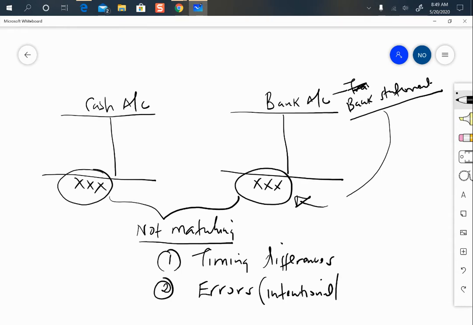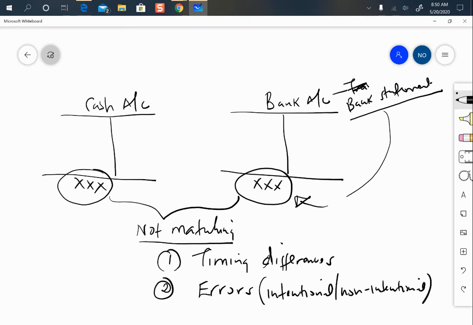But our focus is to identify these differences and errors and fix them. If we identify the timing differences, what is causing them, then we can go ahead and fix them to have those two accounts balancing.